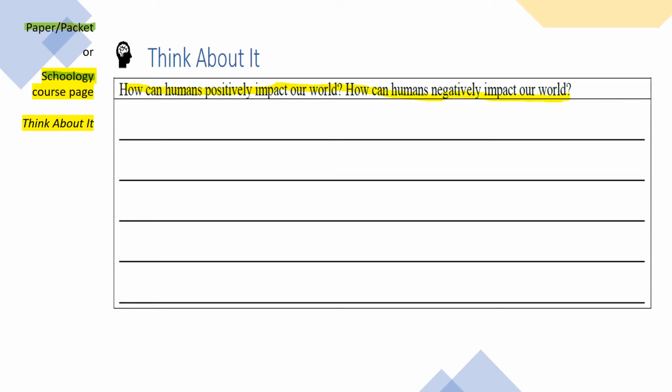This is definitely a big topic right now during our coronavirus learning. So you could think about what things can we do to positively impact our world during the coronavirus? What things have people done that have negatively impacted us? You could also think about just nature and even simple things like picking up or throwing away trash.